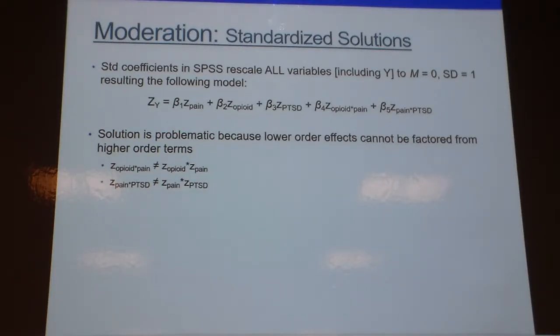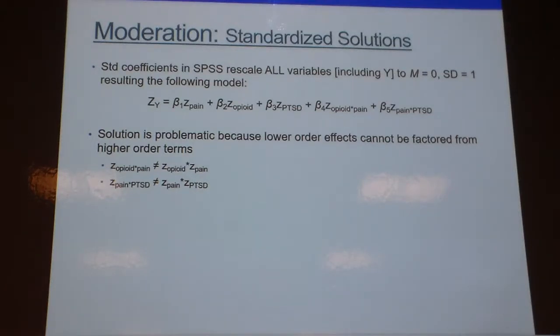What ends up happening is, we've gone through and physically created our interaction term, and SPSS just takes the Z-score of your interaction term. And the Z-score of the opiate times pain interaction isn't the same thing as the Z-score of your opiate use times the Z-score of your pain, right? Those 2 things aren't the same. We can factor this out, we can't factor that.